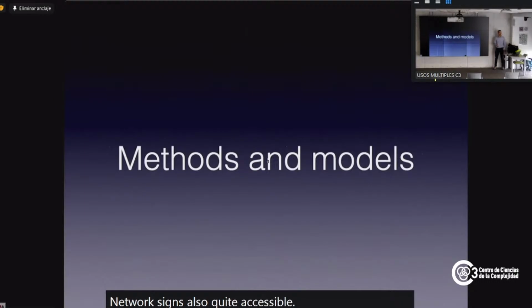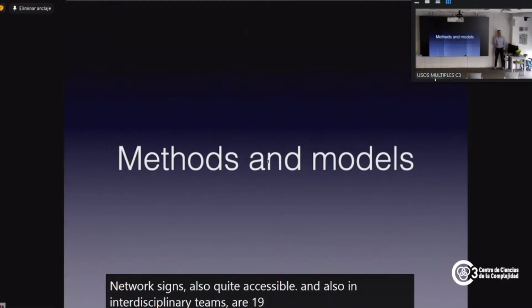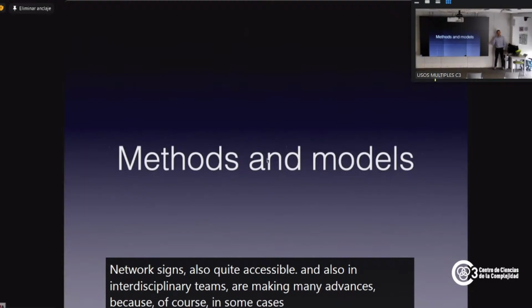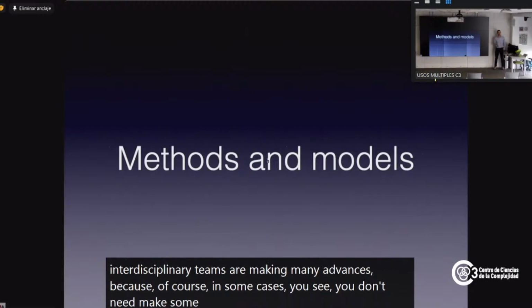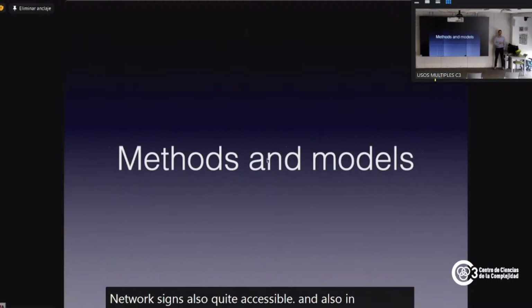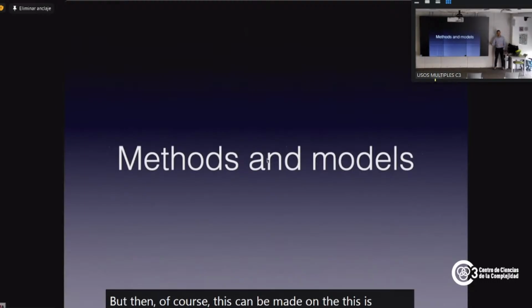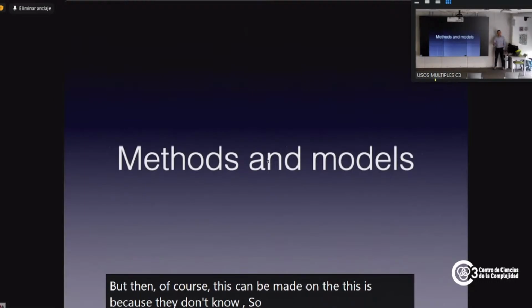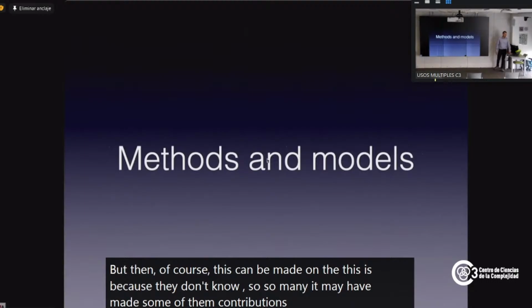And also interdisciplinary teams are making many advances because, in some cases, you do need to make a more thorough analysis, which can be made by physicists who don't have a background in sociology. So many interdisciplinary teams have made significant contributions in this area.